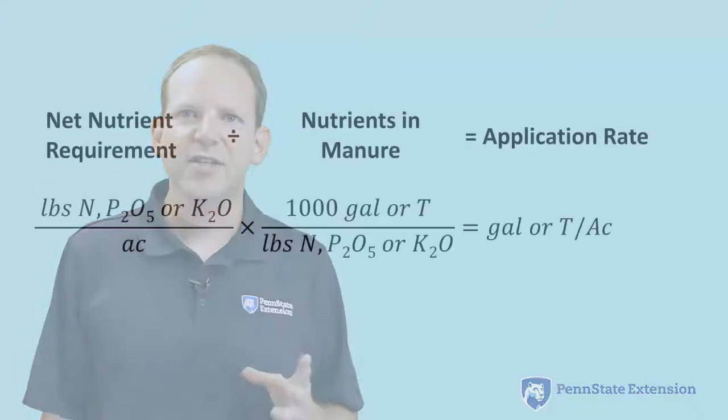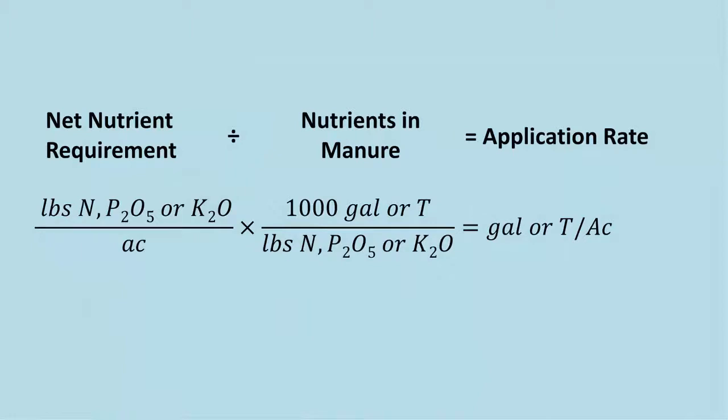The math here is fairly simple, but sometimes knowing how to set it up and keep track of the units can trip people up. Here's how I like to think about the problem. On one side of the equation, we have the net nutrient requirement of the crop in pounds nutrient per acre. The result we want to calculate is a manure application rate in gallons per acre. To make the units convert, we need to multiply our net crop requirement by some ratio that reflects the nutrient content of the manure.